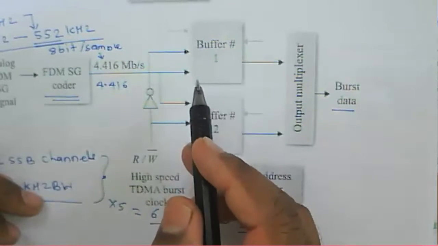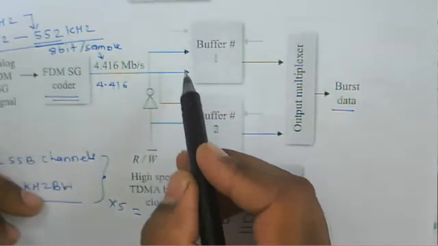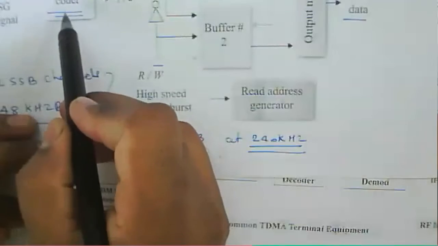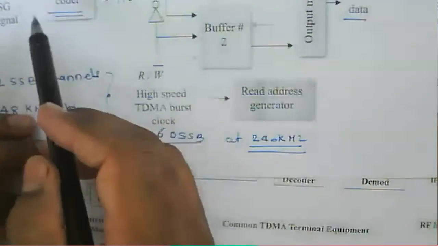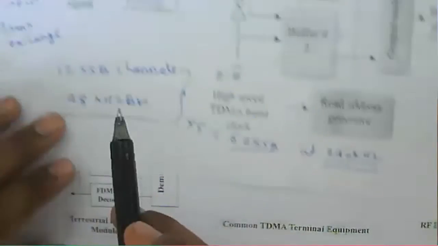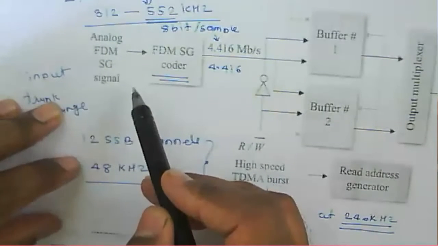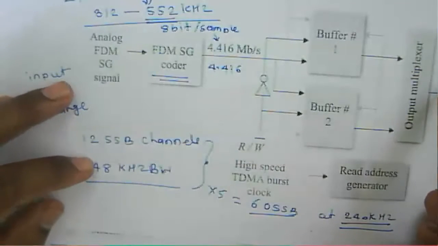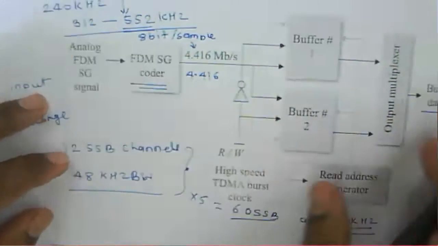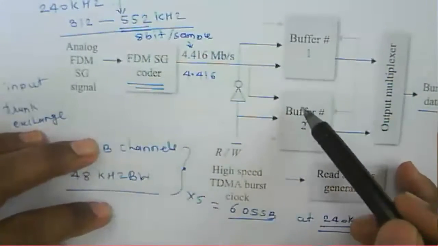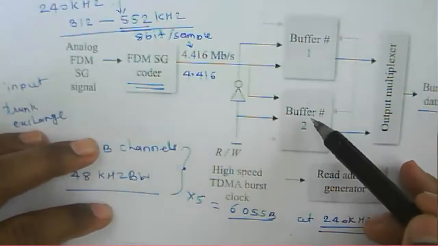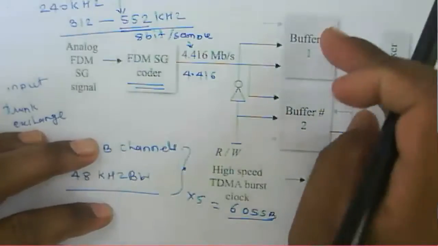And that FDM supergroup decoder will work to get the analog signal. So whichever bursts are there, they are written in the two buffers while receiving, and the two buffers work in an alternate manner.